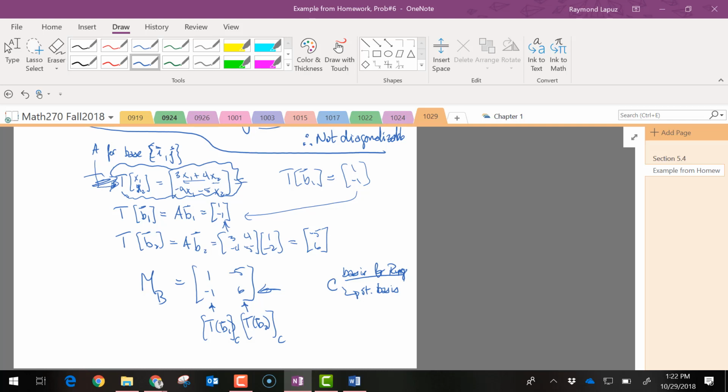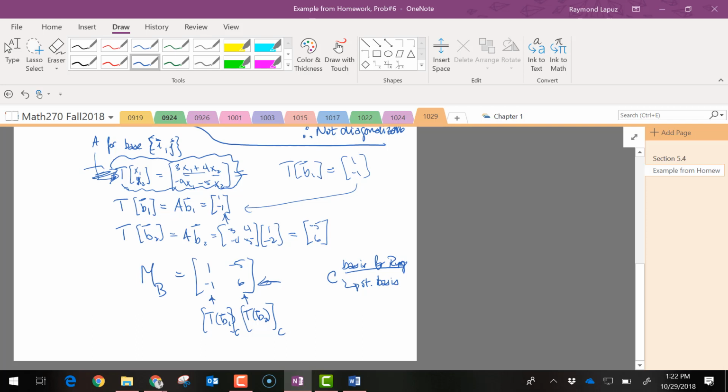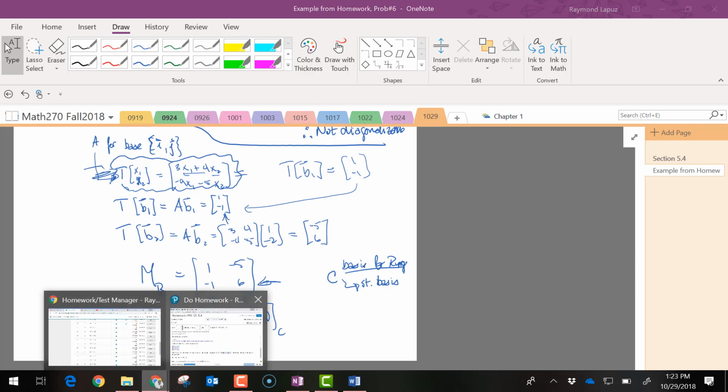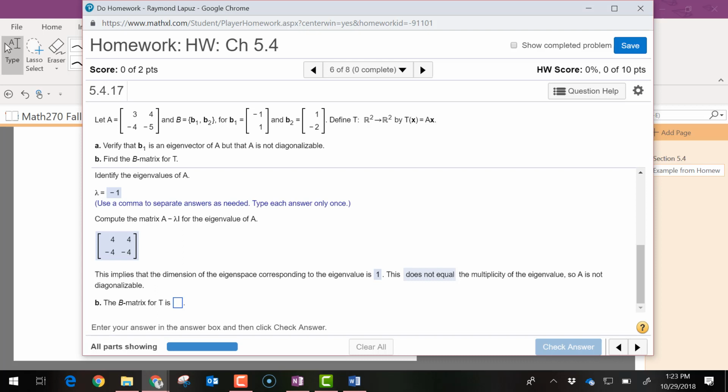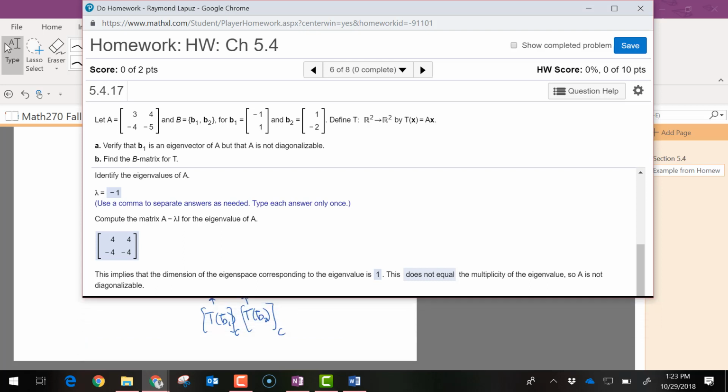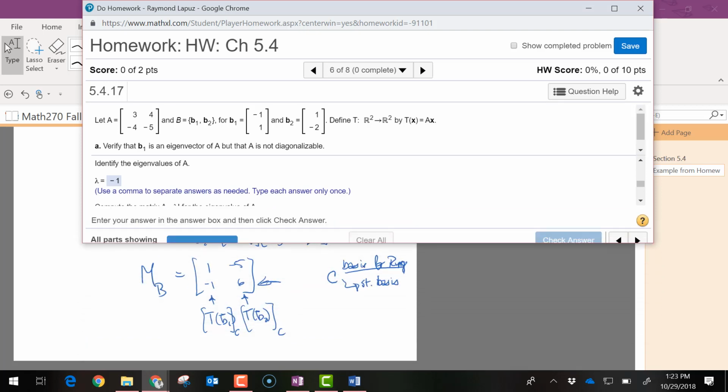They draw a picture for this, and let's draw a picture after. Let's check the answer first. Make sure it's right. I hope it's right.